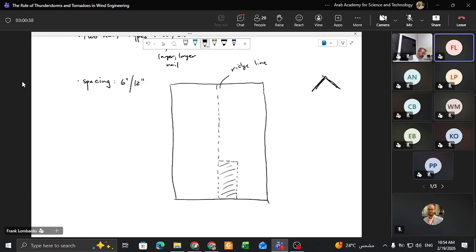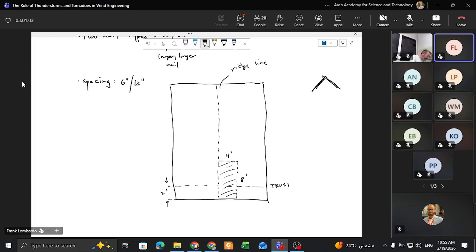And again, apologize here. This panel is 4 feet by 8 feet in dimension. This 6/12 spacing means that the trusses generally are every 2 feet here. So here's a truss, and this spacing is 2 feet.